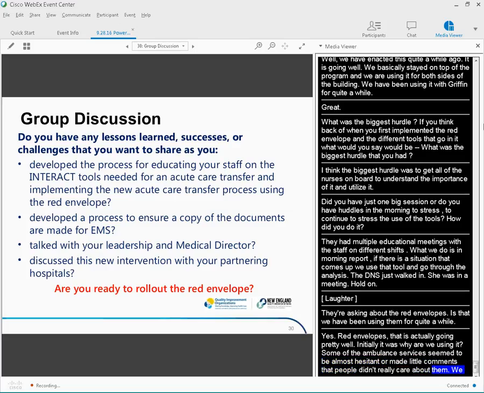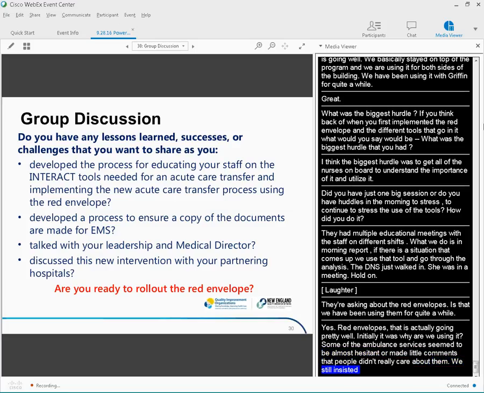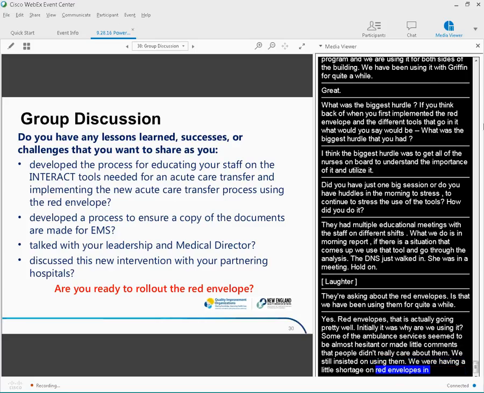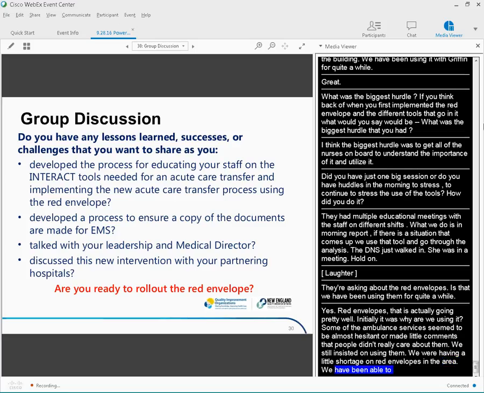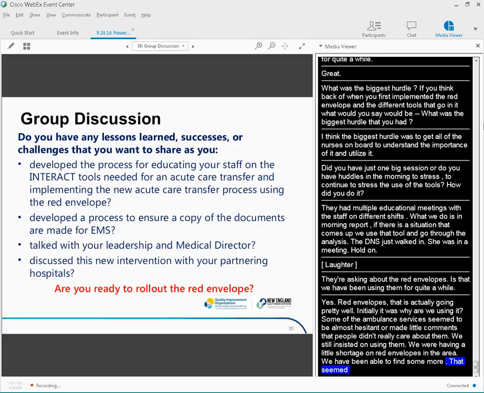We were having a little shortage on red envelopes, sounds like, in the area, but we've been able to find some more. And that seemed to be a common thread with a few of the area homes as well. But red envelopes are going great, really.